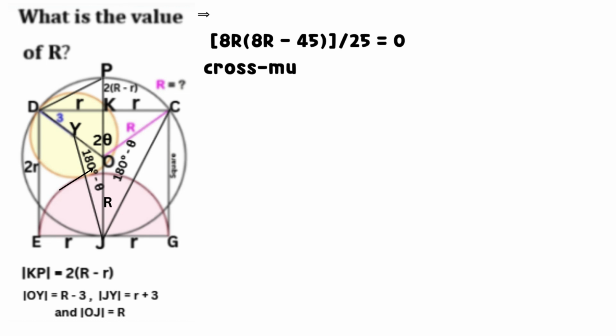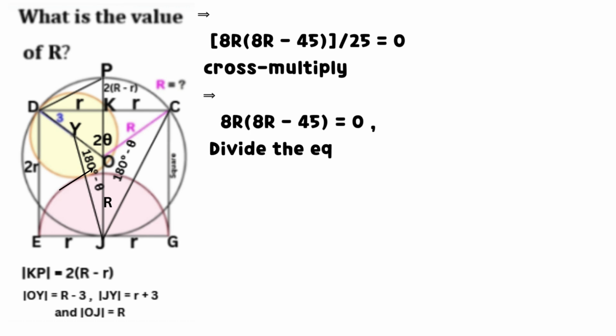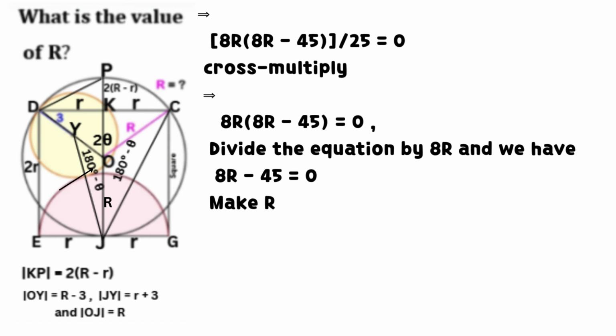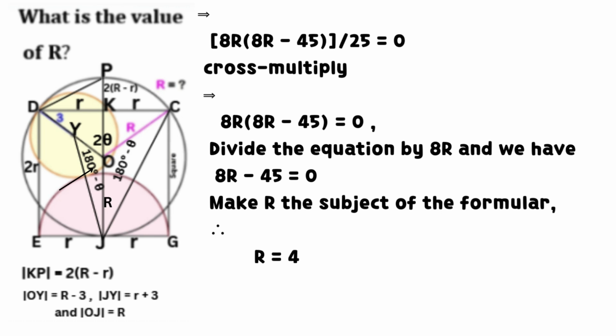It implies that 8 times the product of r and 8 times r minus 45, all divided by 25, equals 0. Cross multiply so that 25 times 0 equals 0. Hence, 8 times r multiplied by 8 times r minus 45 equals 0.